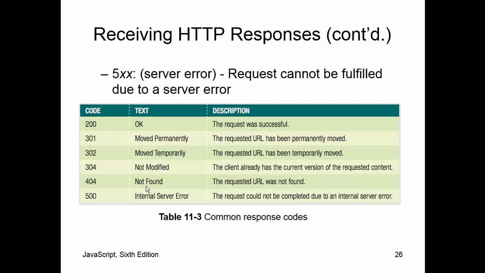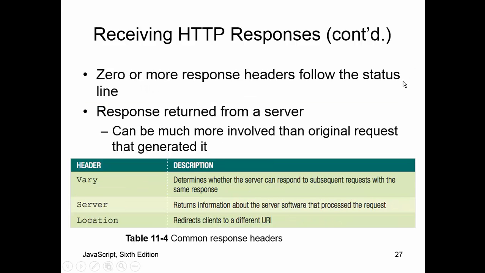The response returned from a server can be much more involved than the original request that generated it. The initial request from the client for a web page often results in the server issuing multiple additional requests for whatever it has to do. In figure 11.4, also shown in your book on page 761, they show some common response headers.